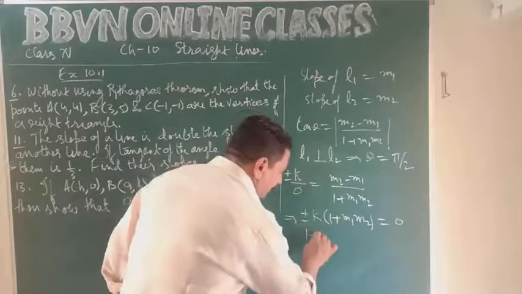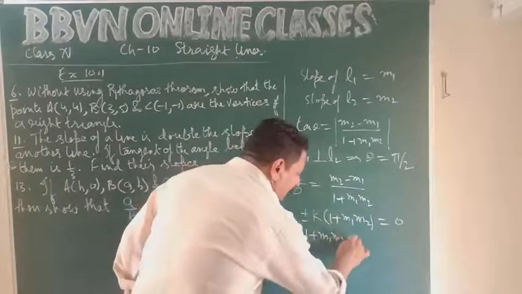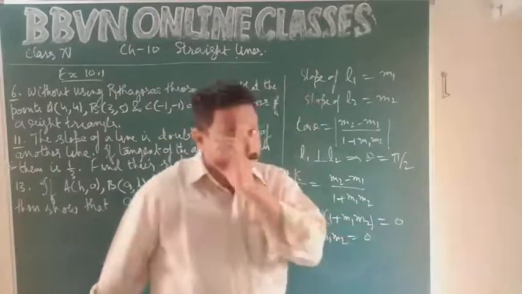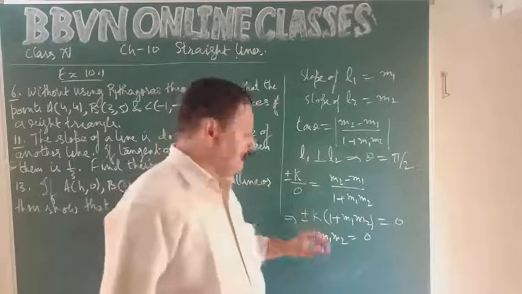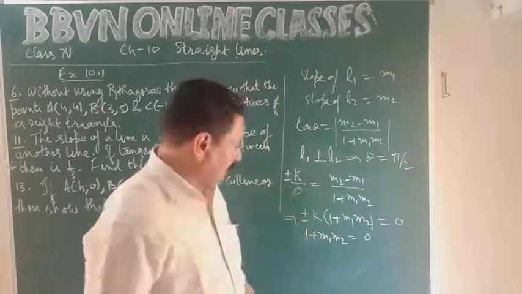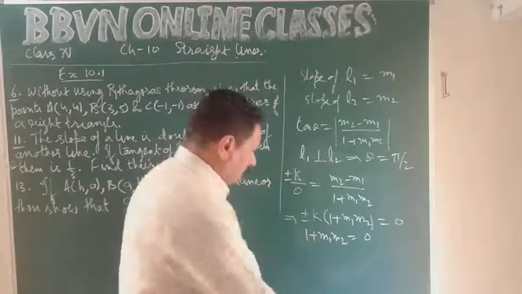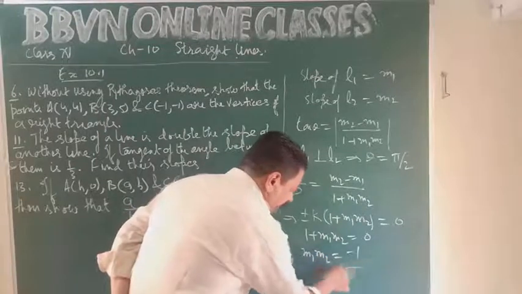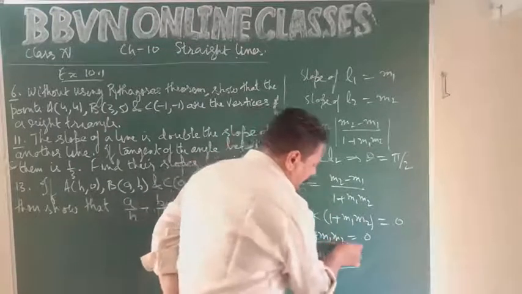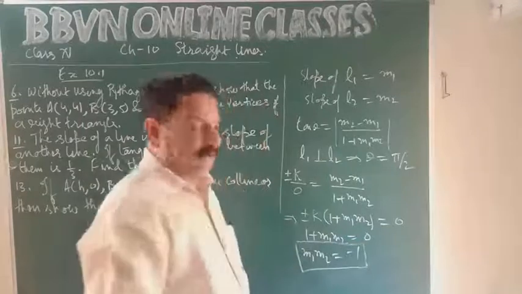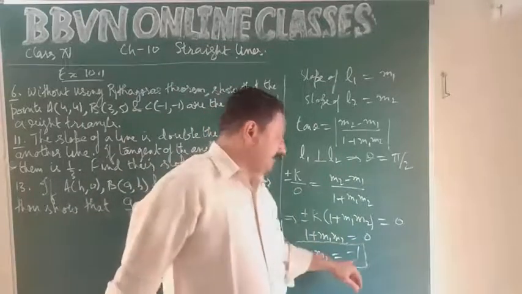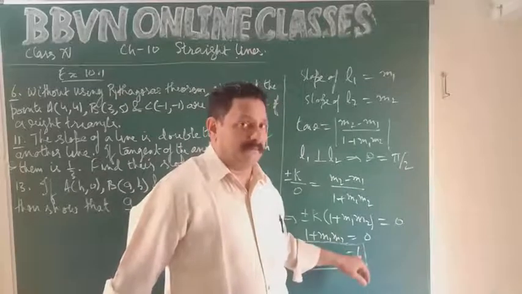I am left with 1 plus M1 M2 is equal to 0. 0 divided by plus or minus k will turn out to be 0 because k is a non-zero constant number. So 1 plus M1 M2 equal to 0. M1 M2 equal to minus 1. This is the condition for two lines to be perpendicular. If any two lines are perpendicular, the product of their slopes will be equal to minus 1.